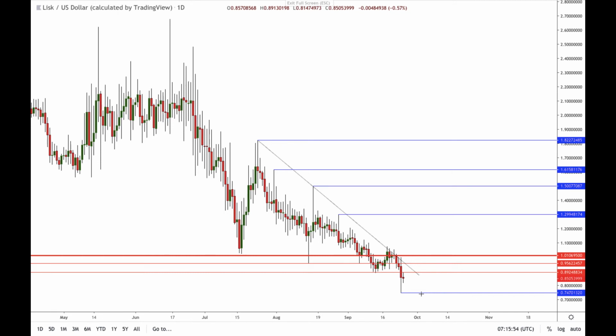It's hard to say, because this is a new historical low at 0.74, but judging by the way this cryptocurrency is moving, the next low might be at 50 cents to the US dollar.